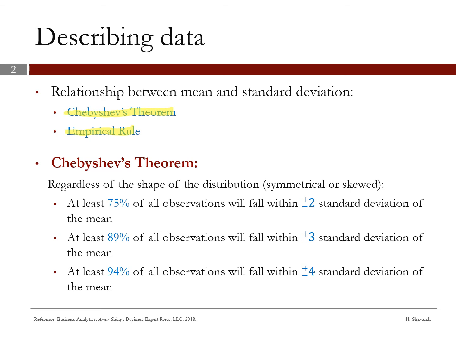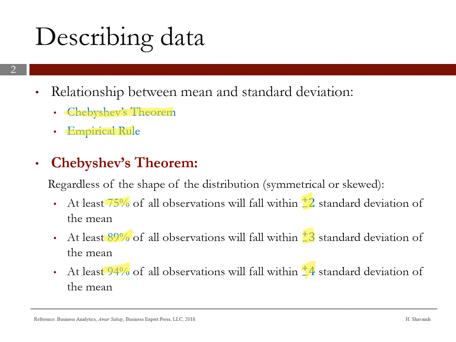This theorem says at least 75% of all observations will fall within plus minus 2 standard deviations of the mean, and 89% of all observations will fall within plus minus 3 standard deviations of the mean, and at the end 94% within 4 standard deviations of the mean.